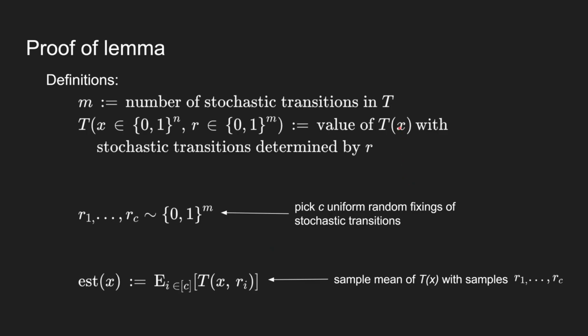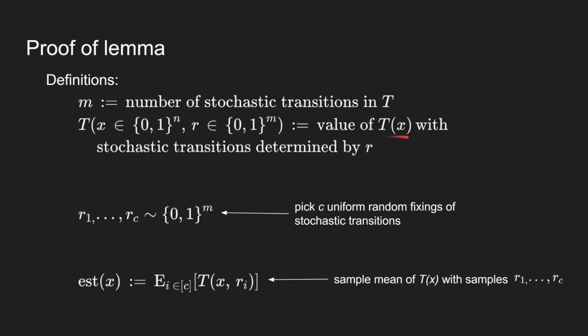So the proof is quite straightforward, so we can actually do it in a fair bit of detail. Let M be the number of stochastic transitions in T. We will interpret each of these stochastic transitions as a query to a second input, which we will call R, from {0,1}^M.